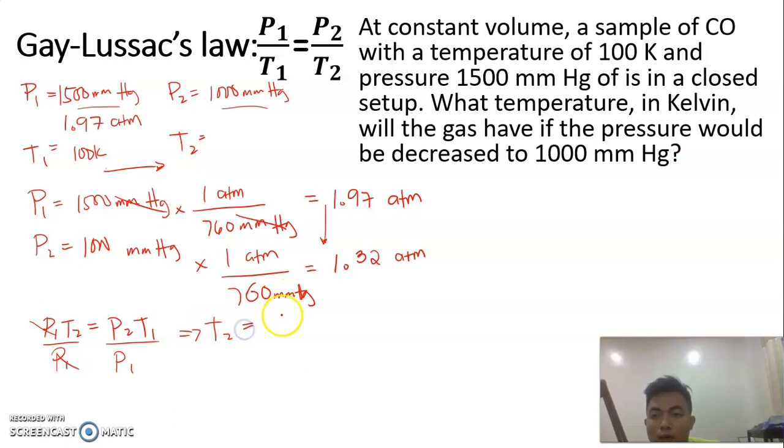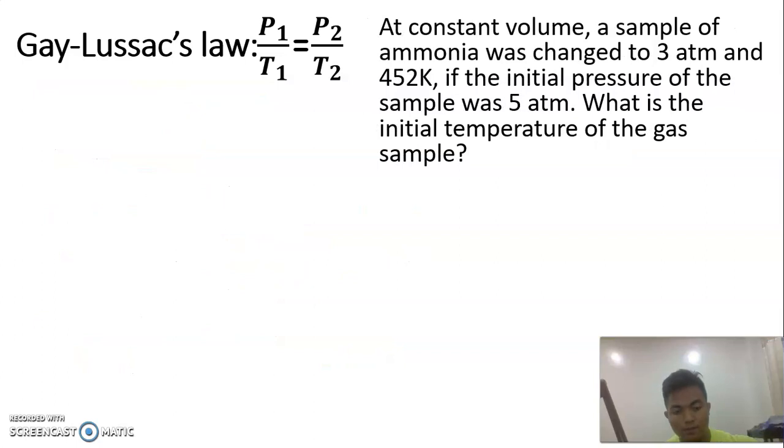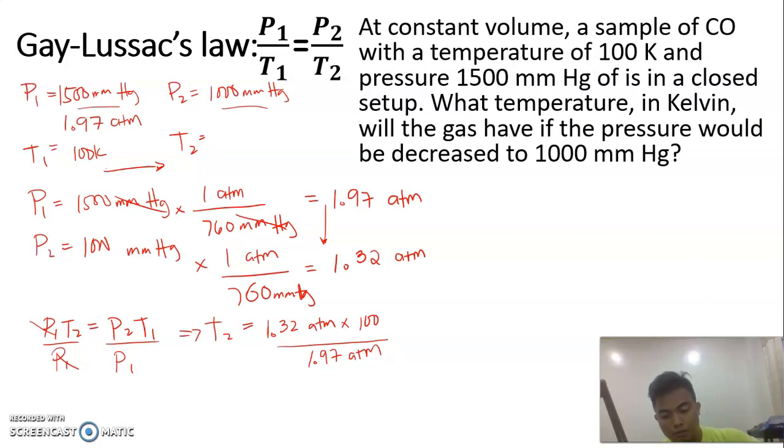T2 is equal to P2, so your P2 is going to be 1.32 atmosphere multiplied by your initial temperature, which is going to be 100, then divided by your initial pressure, which is going to be 1.97 atmosphere. So that will be 1.32 times 100 divided by 1.97.